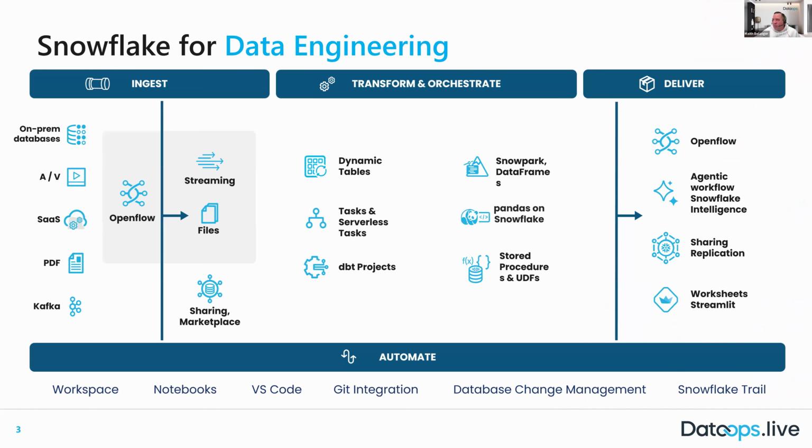When it comes to Snowflake and data engineering, I think we all know Snowflake has a very large plethora of capabilities and solutions. This slide is probably already outdated because you can no longer keep up with everything that Snowflake seems to be doing these days. But the biggest question is, it has all these capabilities, but how do you operationalize that?